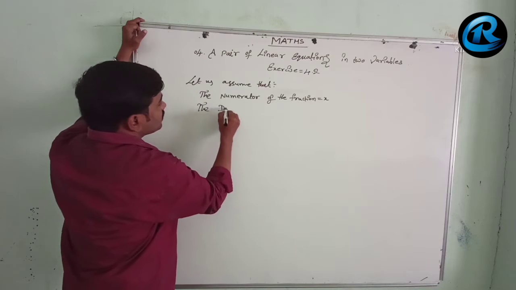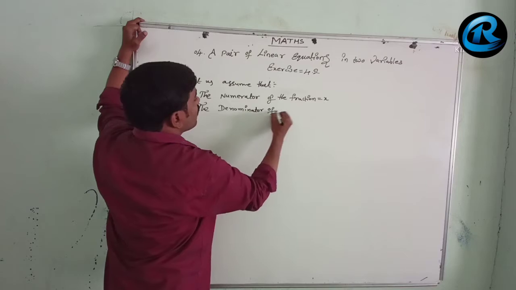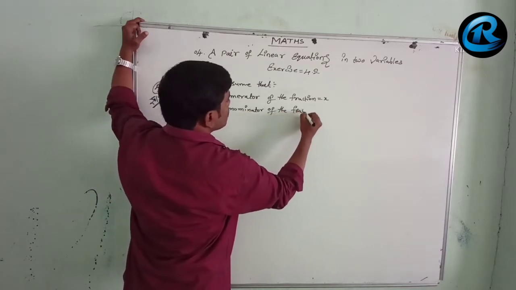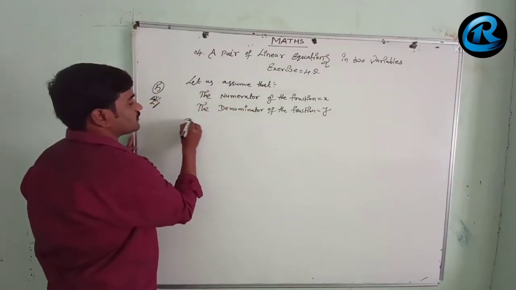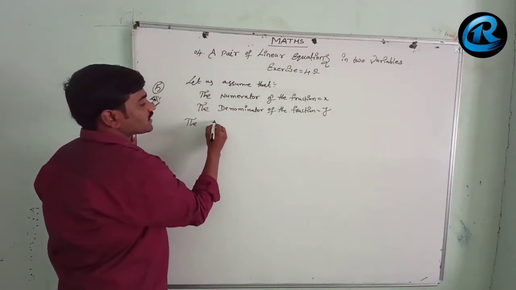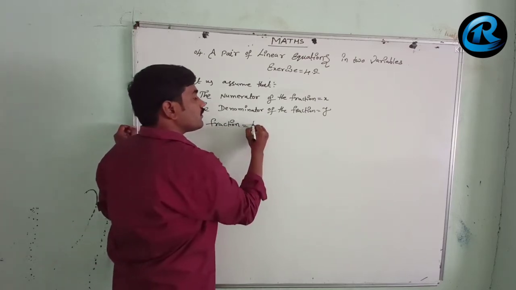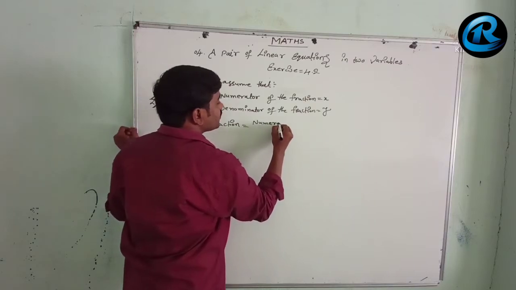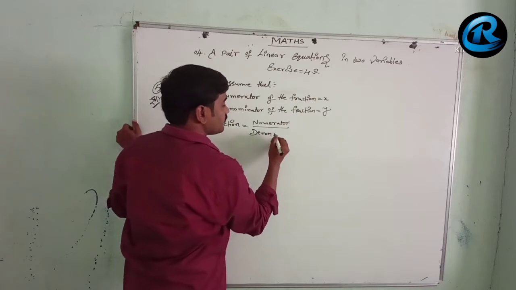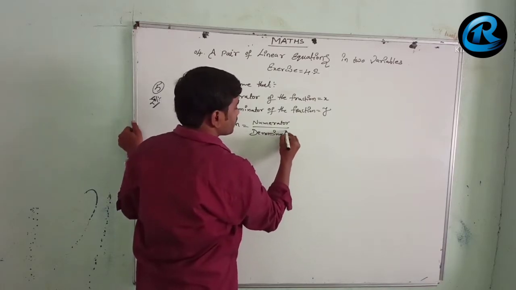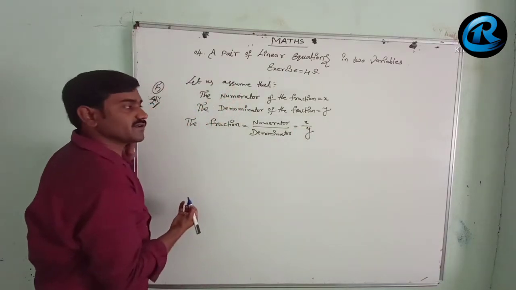The denominator of the fraction equal to y. Therefore the fraction is equal to numerator by denominator. Numerator is x, denominator is y. The fraction is x by y.